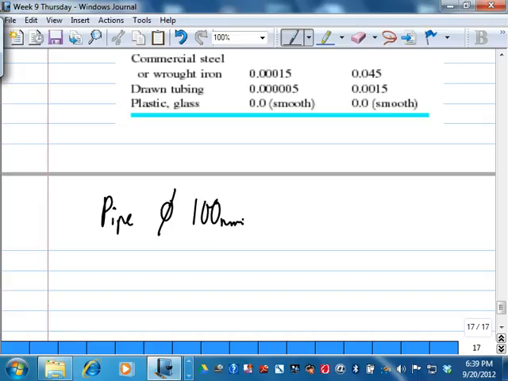Calculate. The water rho is 998. Mu is what? 1.2 times 10 to the minus 3. Correct.